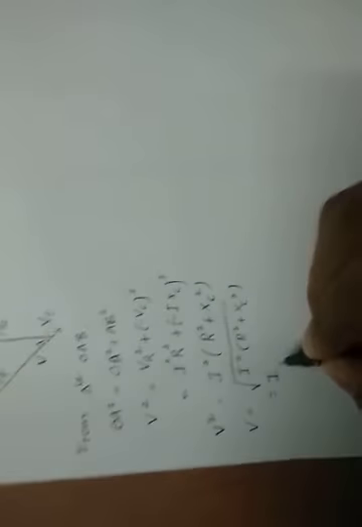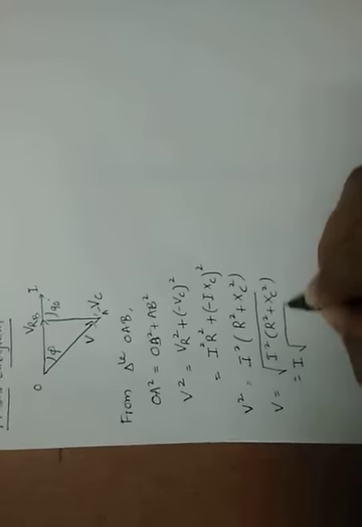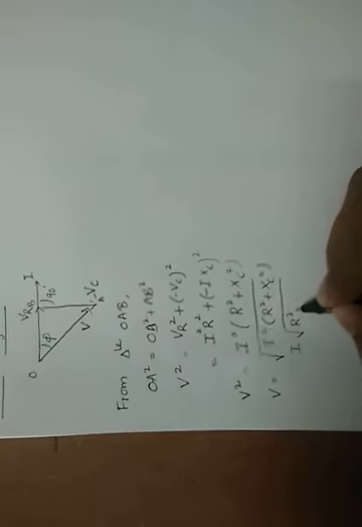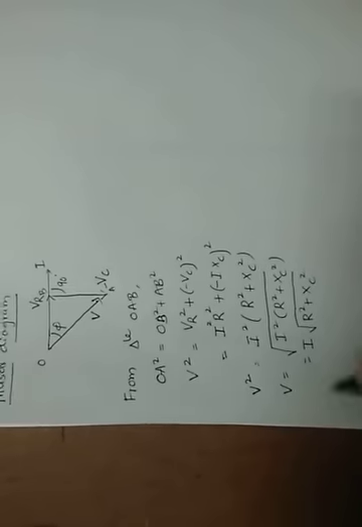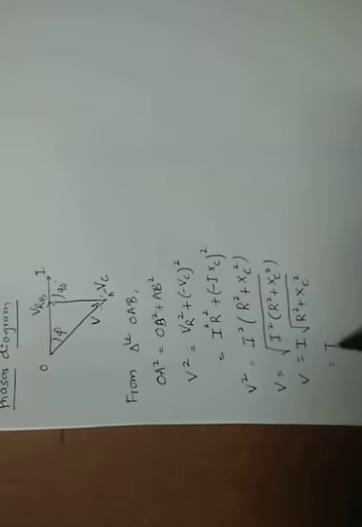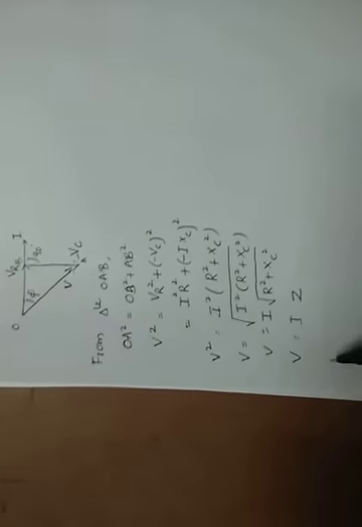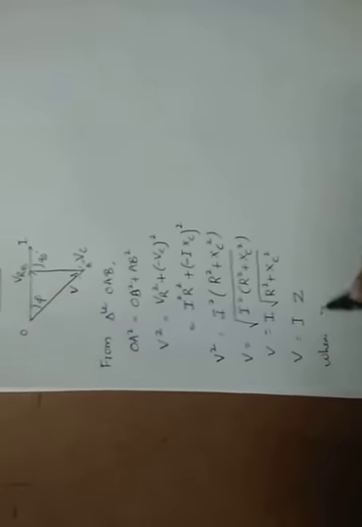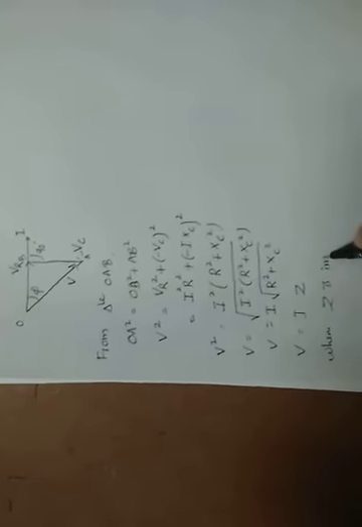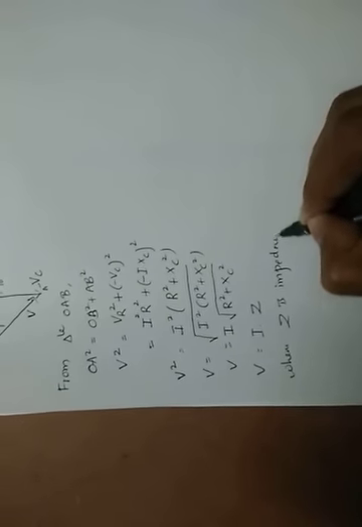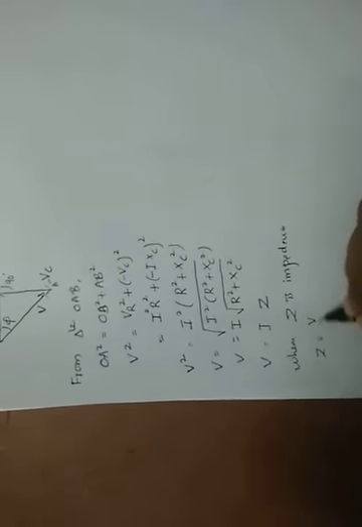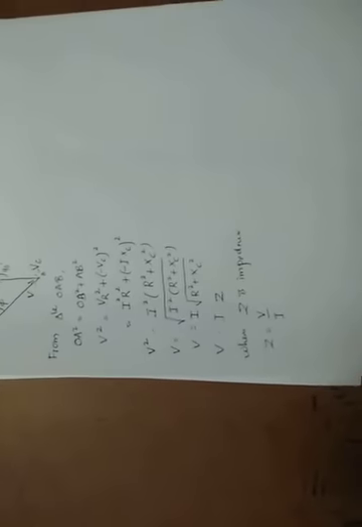If we take the square root, the square and square root cancel, and we get V equal to I into the square root of R square plus XC square, which is V equal to I into Z, where Z is the impedance, V by I.